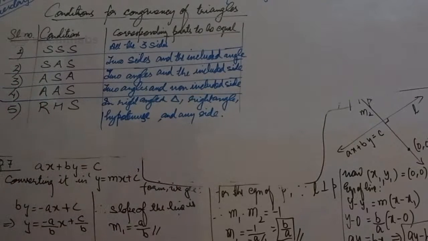So these three parts, if correspondingly become equal to each other, then this condition works. So these are the 5 conditions by which two triangles can be proven congruent.